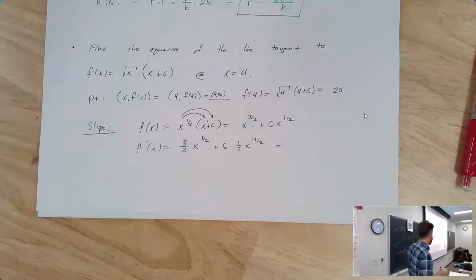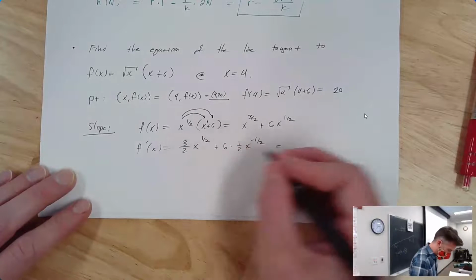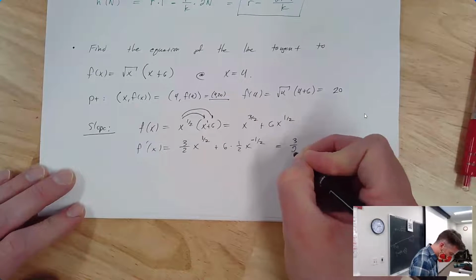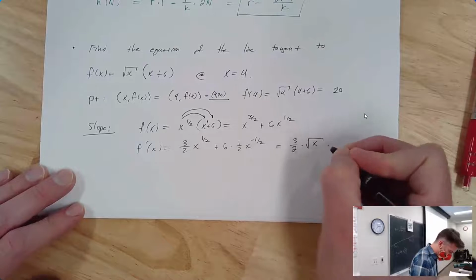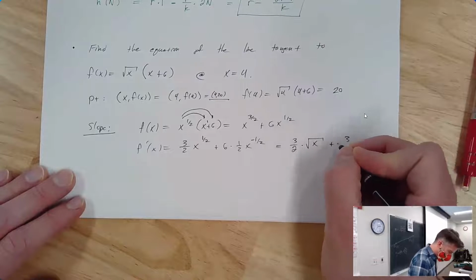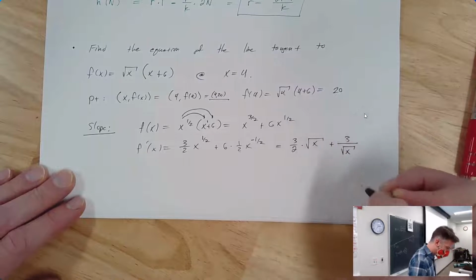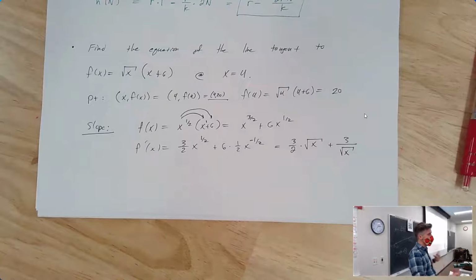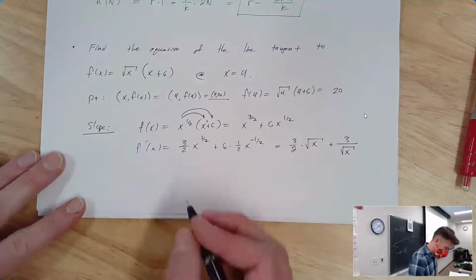But if I'm going to plug in a number, I really prefer to write the square root. You can do whatever you want, but I would write this as 3/2 times the square root of x plus 3 divided by the square root of x, because x to the -1/2 is 1 over x to the 1/2, which is 1 over the square root of x. I think it makes it easier to evaluate things when you rewrite it that way. But whatever is better for you, right? Write it how you want.